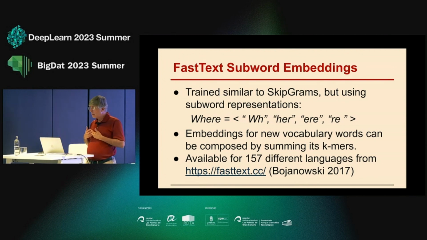So what was the idea here? The idea here is that instead of learning an embedding for a whole word, they're going to learn embeddings for k-mers of characters. Here, k was equal to 3. And we talk about sliding windows. Learn what blank space WH is, what HER means, what ERE means, what RE space means.